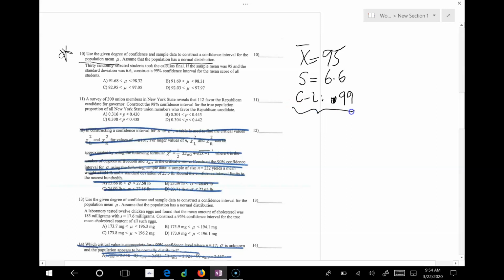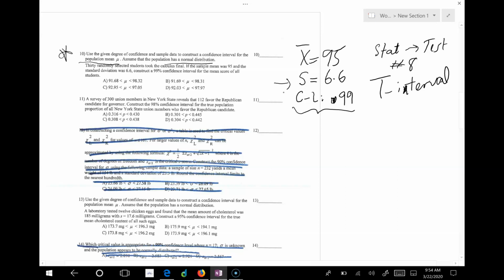So if it's about mean, and it's one population for now, one population mean, you need to go to stat, test, number 8, and that calls t-interval. Because again, it's one population, it's about mean, and a standard deviation for the mean is given.